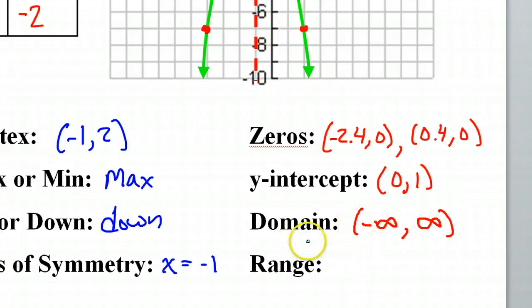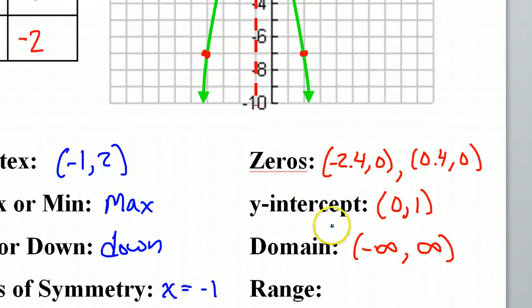In some textbooks, you'll see this referred to as all real numbers. Alright, but we've been preferring interval notation. But I thought I should mention it because you might have to take a standardized test or something where they say all real numbers.